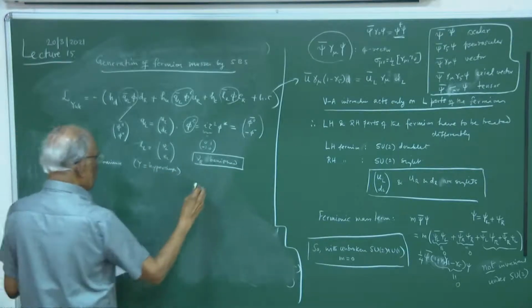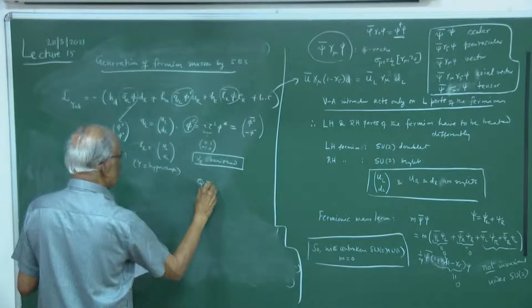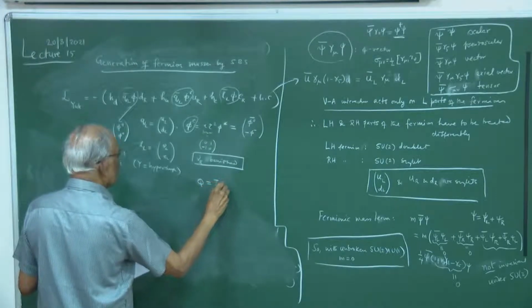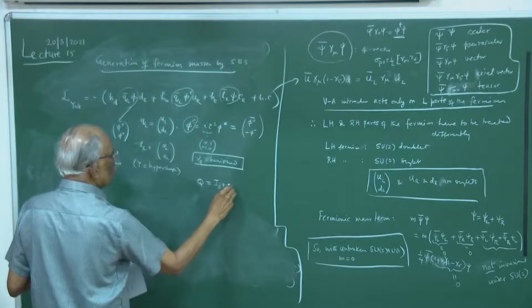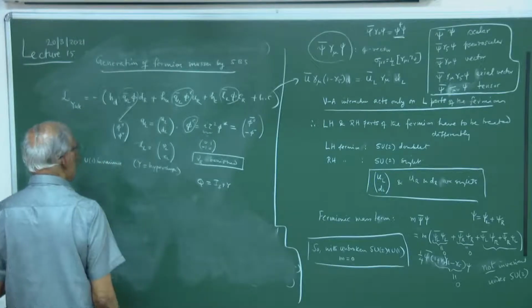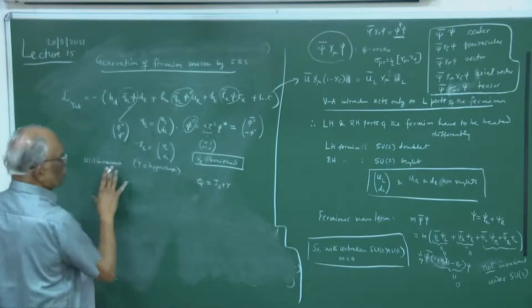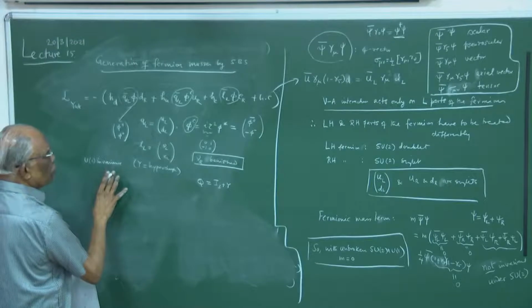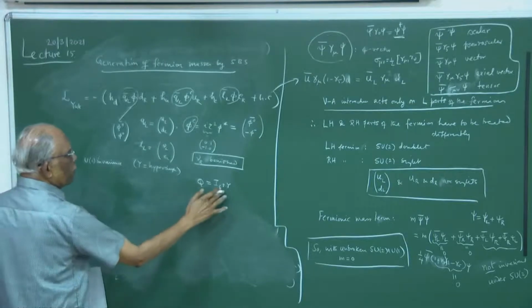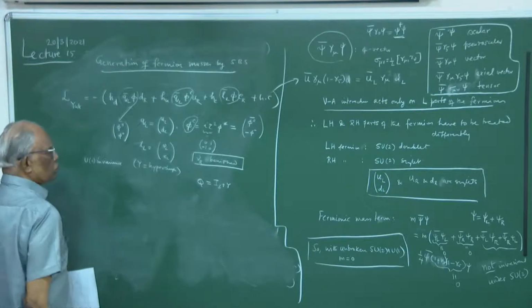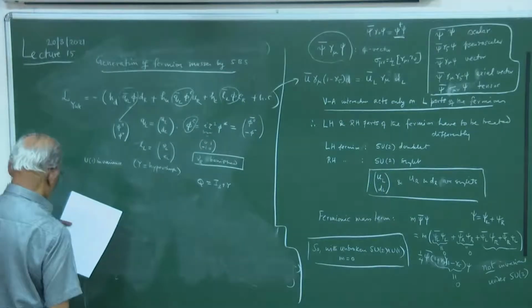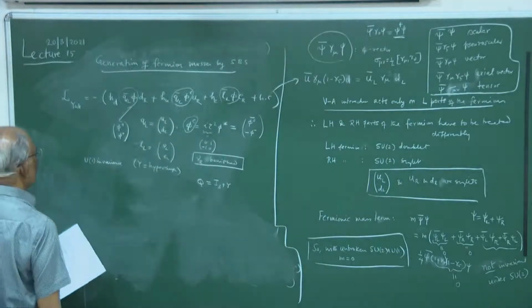And remember the Gell-Mann-Nishijima formula, charge is equal to the third component of isospin plus, I think I had defined it as y by 2, but now I am going to define it as just y. That is the way hypercharge is defined. Namely, the generator of the U1 transformation in the SU2 cross U1 theory has to be obtained like this, because this is what will fix it.